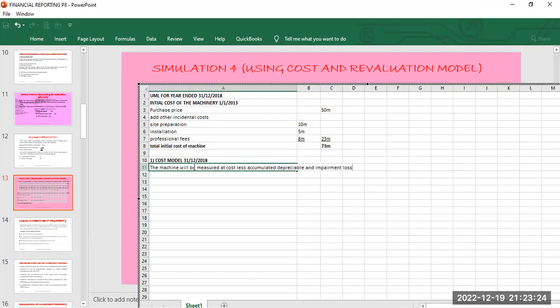And that's basically what cost model means.